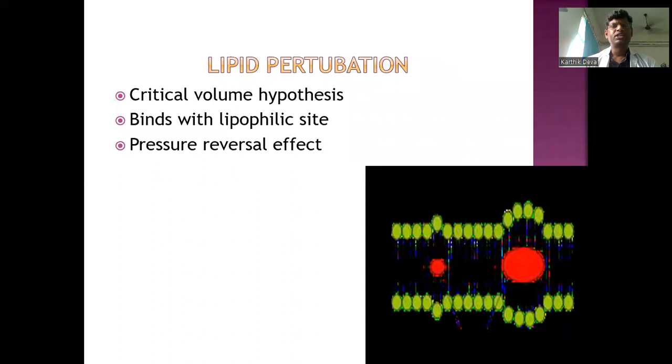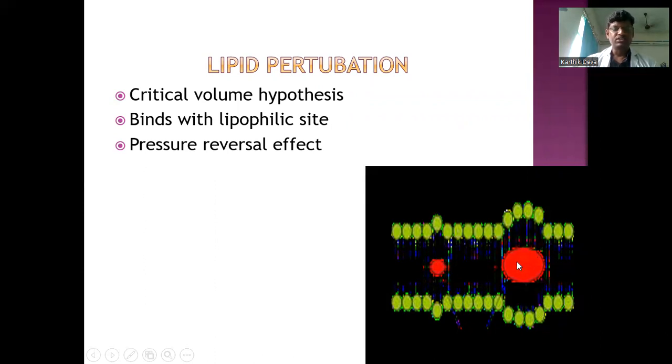This is better explained by the critical volume hypothesis, which binds with the lipophilic site, and the pressure reversal effect. Hydrophobic anesthetic molecules accumulate inside the hydrophobic or lipophilic regions of the neuronal lipid membrane, causing its distortion and expansion.